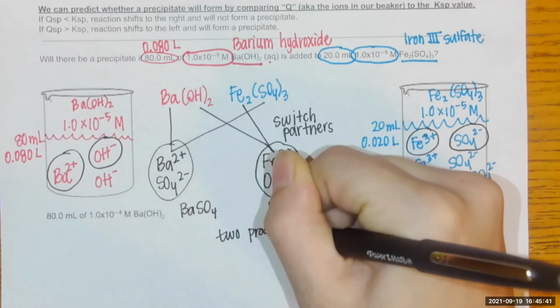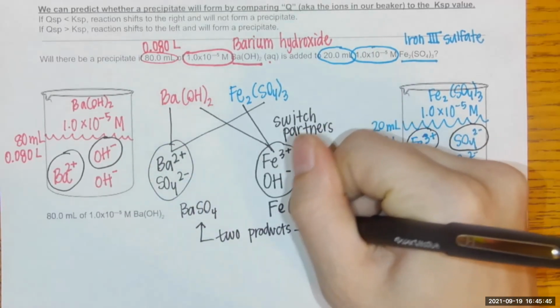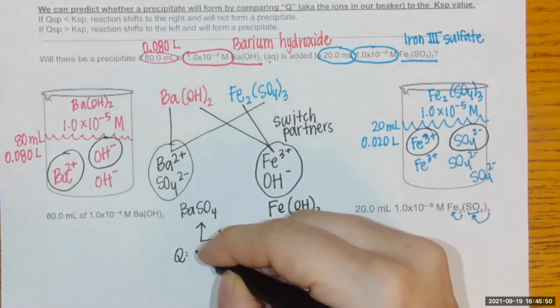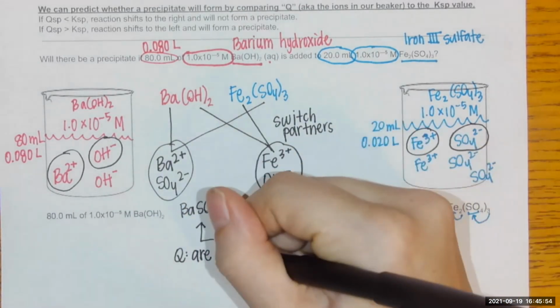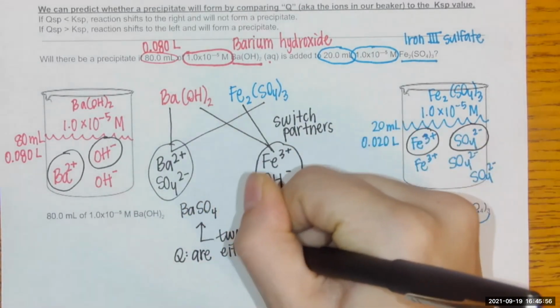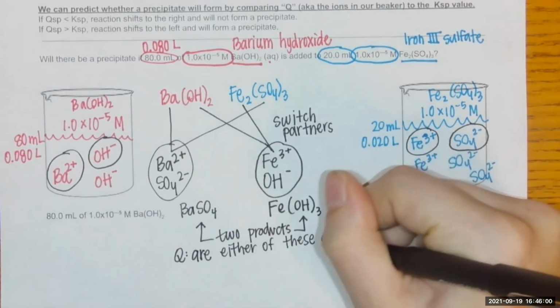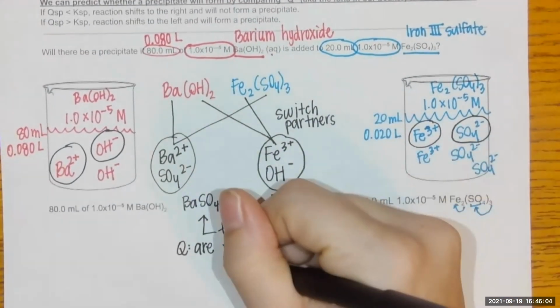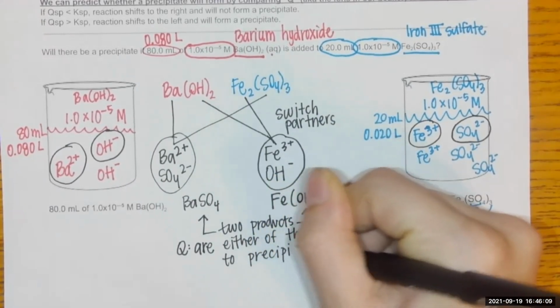These are the 2 products that would form. And the question is, are either of these going to precipitate, aka turn into a solid?